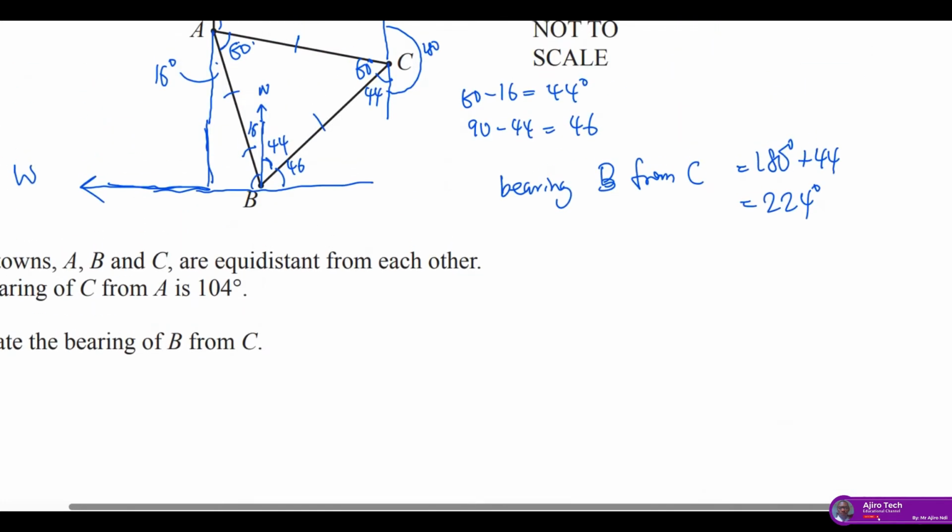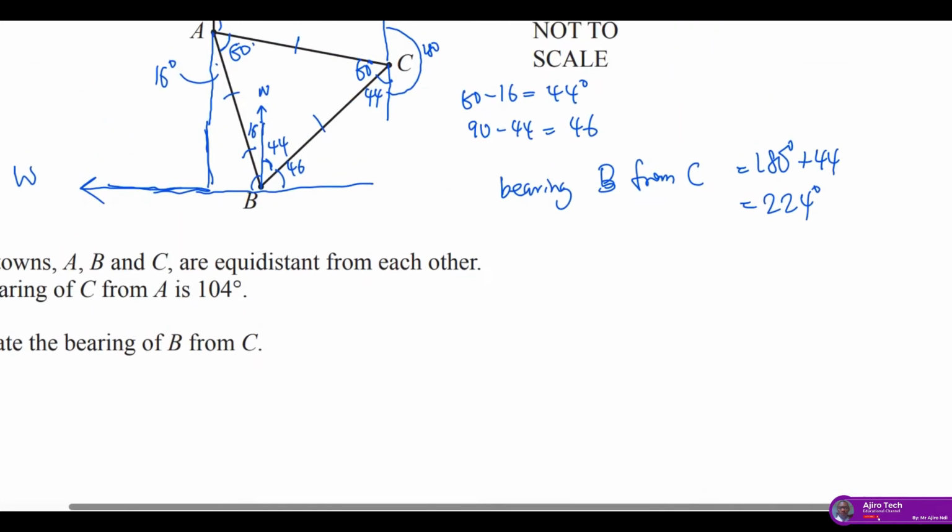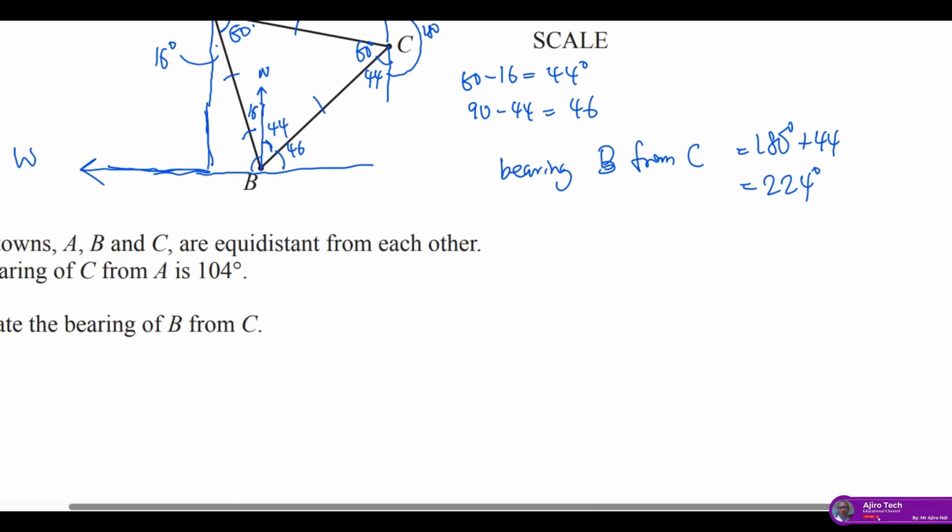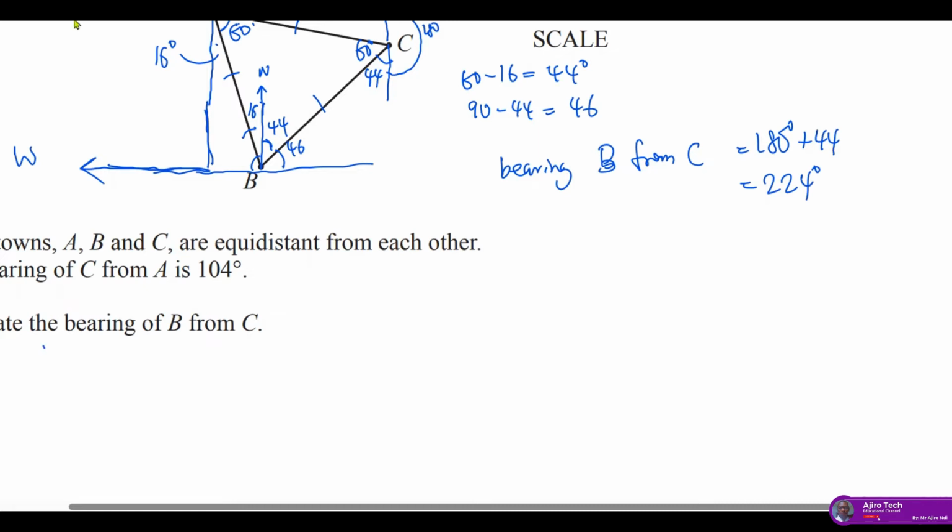But still, we can look for the bearing of C from B. The bearing of C from B is 44 degrees. Look at this angle. This direction from north to this direction is 44.